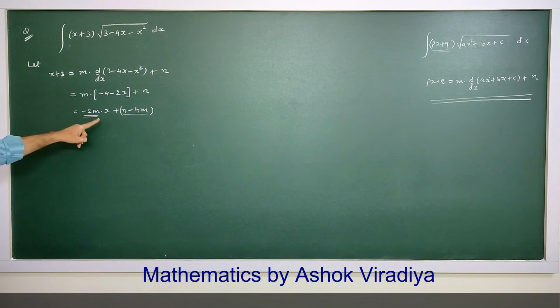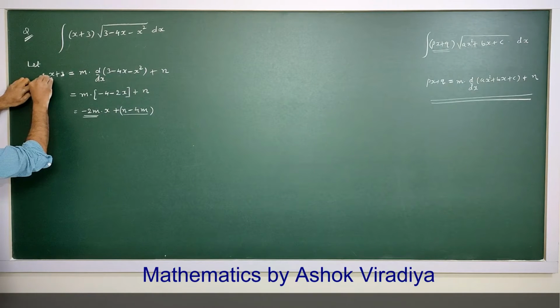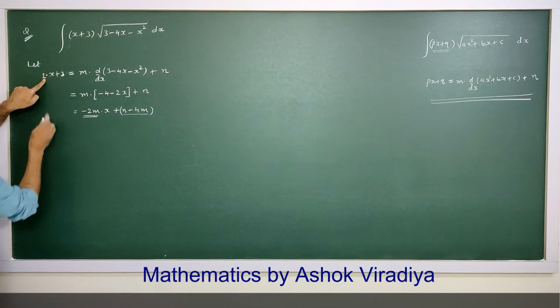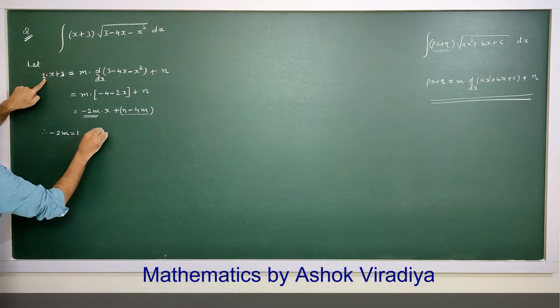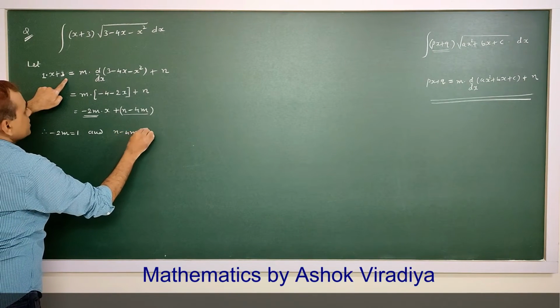Now compare both the sides. Here the coefficient of x is 1. So minus 2m is 1, and n minus 4m is 3.